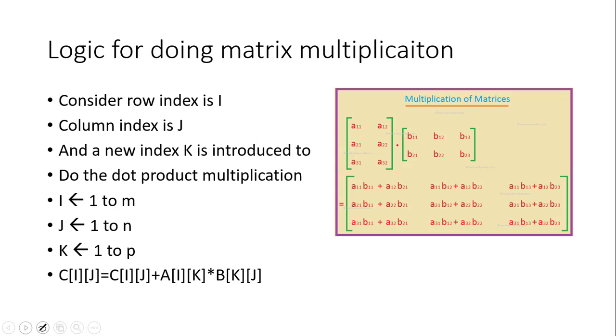So now you see the I is varying from 1 to m, J is varying from 1 to n, and K is varying from 1 to p. After the multiplication, the resultant matrix C has m number of rows and p number of columns. Okay, so here you see the main part.